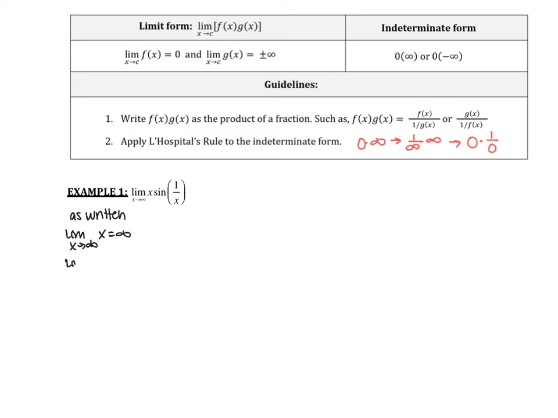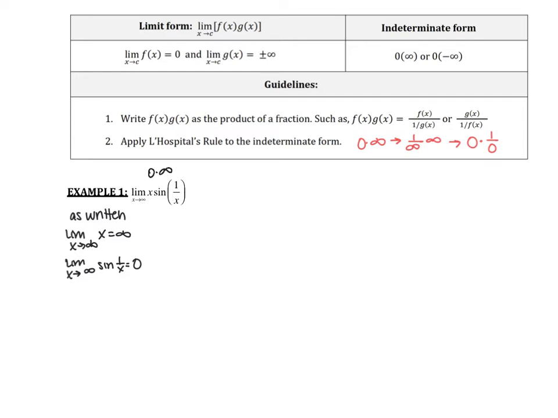And the limit as x approaches infinity of sine of 1 over x would be 0, because 1 over infinity is really close to 0 and the sine of 0 is 0. So what we have here is 0 times infinity. It's in a different order, but that's okay.